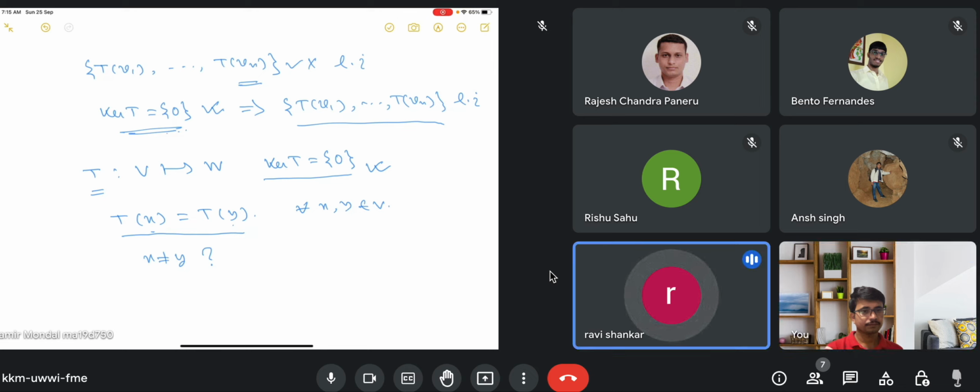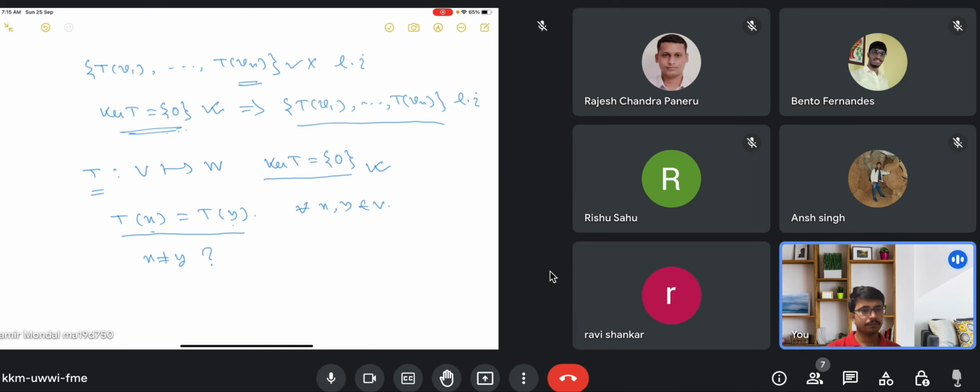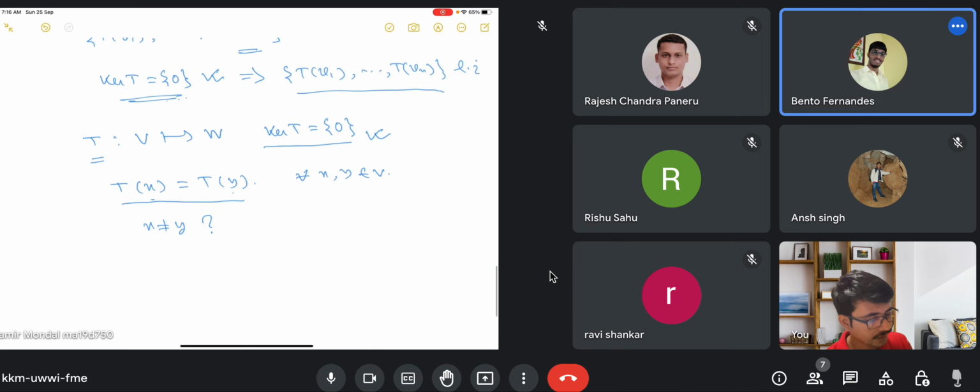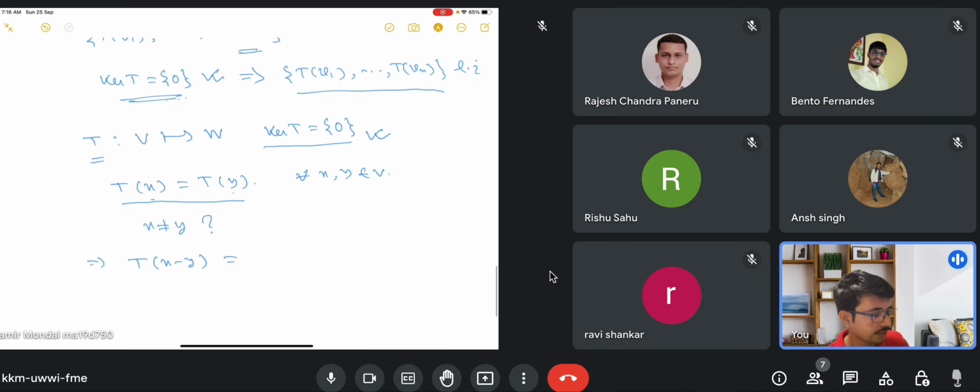Sir, we have linear independence, no? So if the kernel is given to be the singleton 0, then x will be equal to y, because we can write T of x minus y equal to 0.